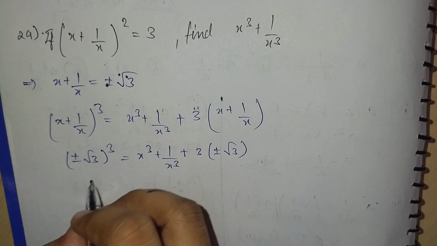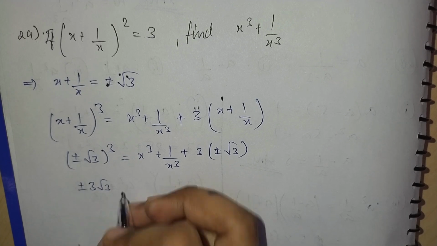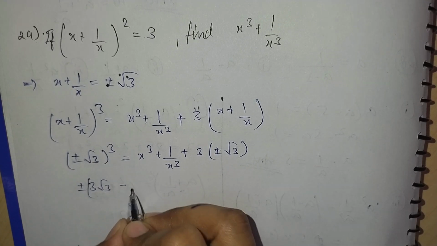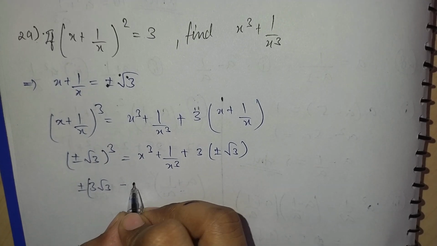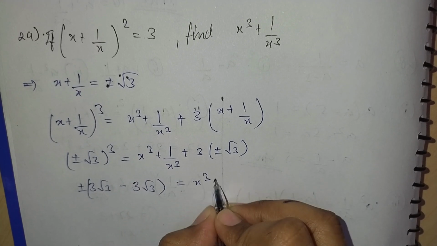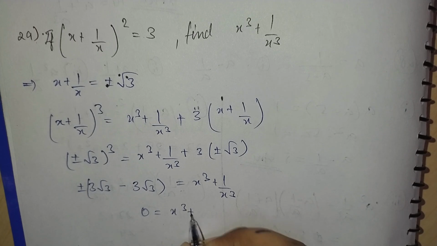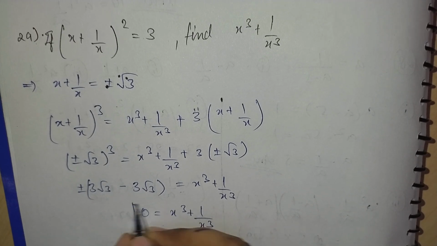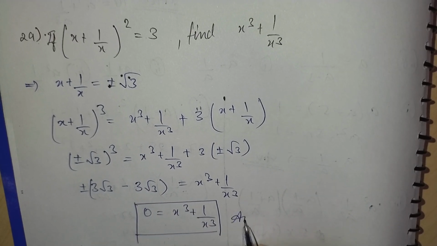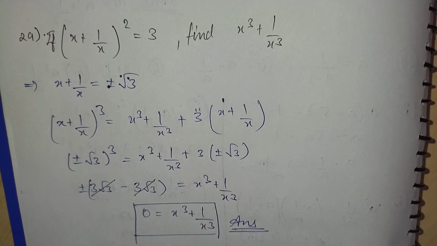So here it is plus minus 3 under root 3 and minus 3 under root 3 only equal to x cube plus 1 by x cube. So the value is 0 here of x cube plus 1 by x cube. So this is the answer of this question, because this will here cancel out in this question.